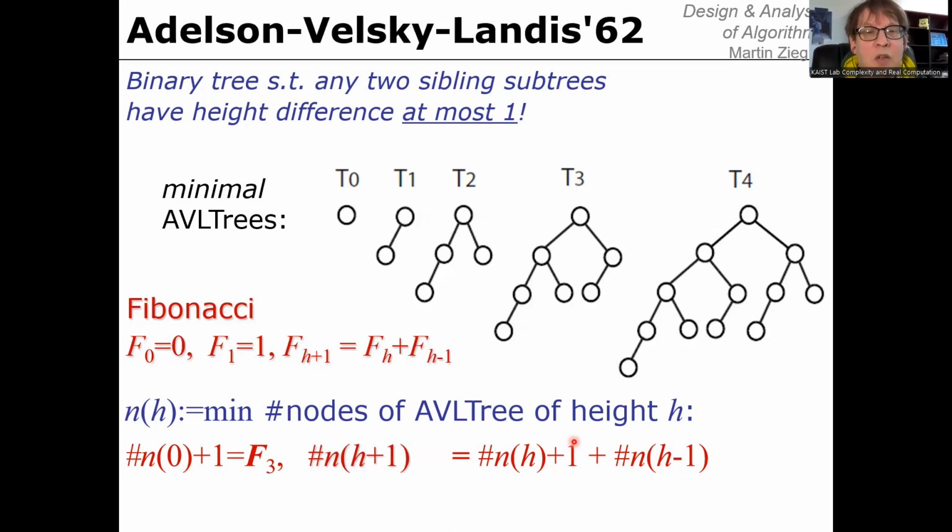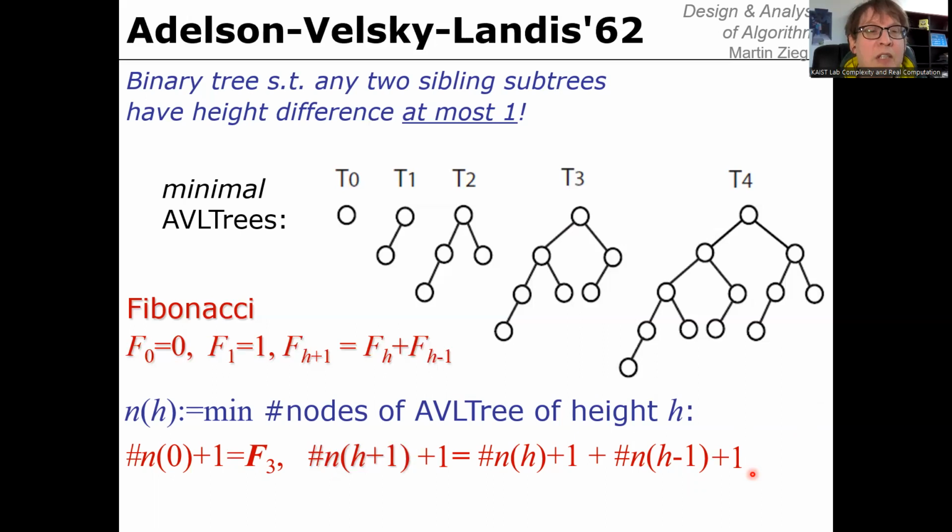And now, in order to solve this recurrence, we use a trick, namely we add one on both sides. We add one here and we add one here. And then we see that this is actually the same recurrence as for Fibonacci numbers, right?